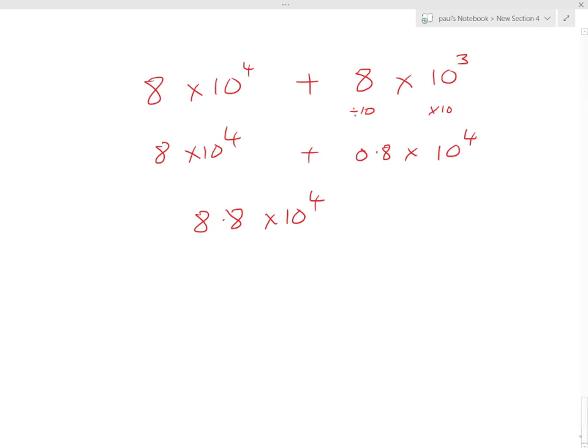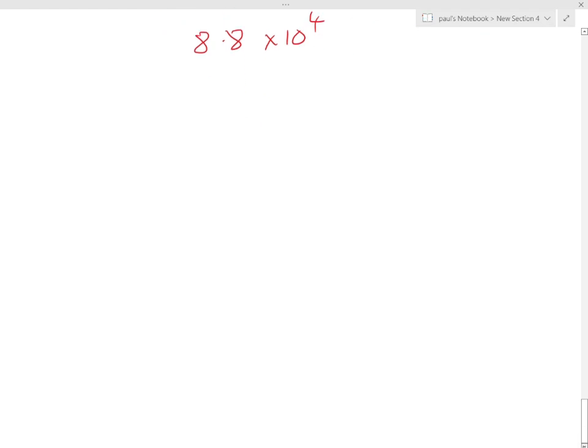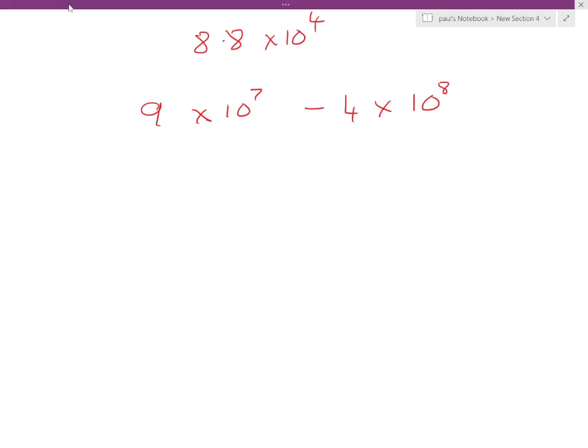And the same when you subtract. Well, I don't know, 9 times 10 to the 7, subtract 4 times 10 to the 8. That's going to be a minus number, isn't it?